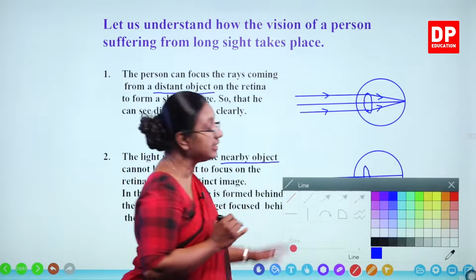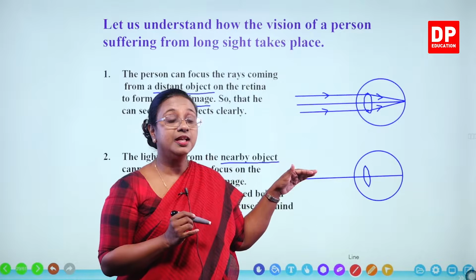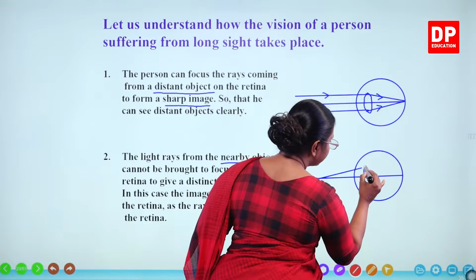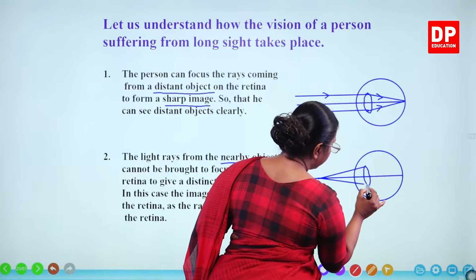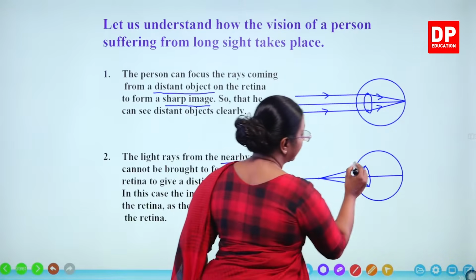Now, when it is a close object, what type of rays come from a close object? Divergent rays. And what will happen?